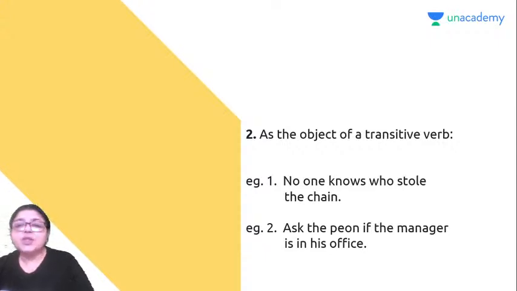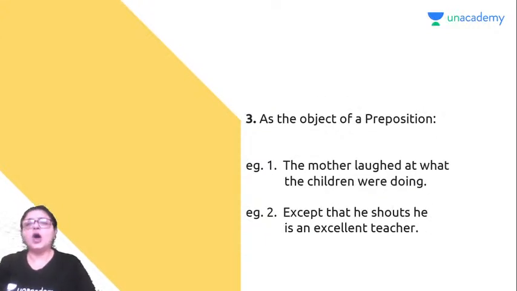As the object of a transitive verb: no one knows who stole the chain. Another example is: ask the peon if the manager is in his office. Now I'm adding "if the manager is in his office" and making it a clause. Now, as the object of a preposition. What is my preposition?